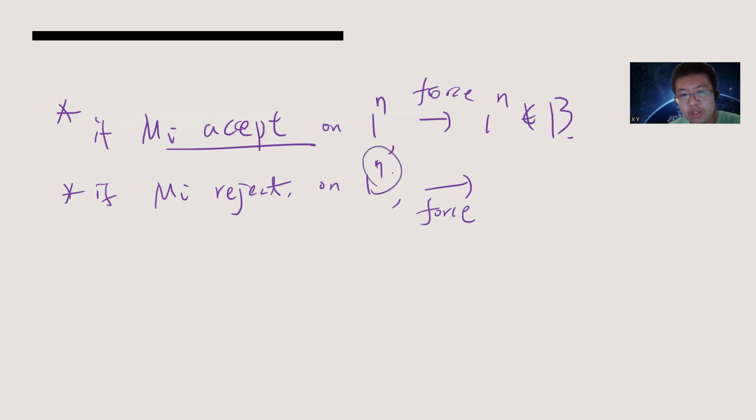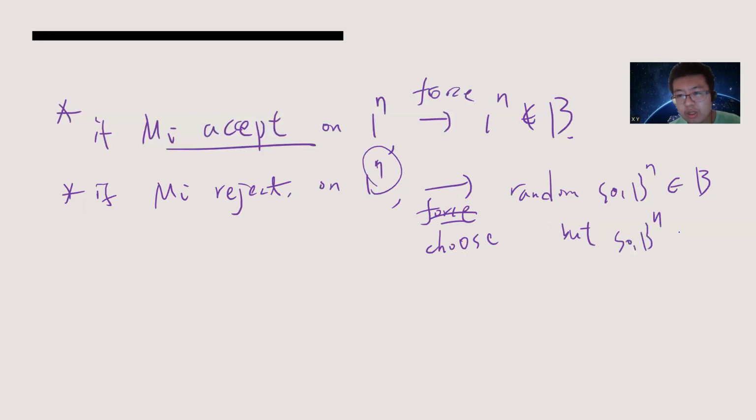For some length n, I just choose a random bit string of length n to belong to B, but one that was not queried before.